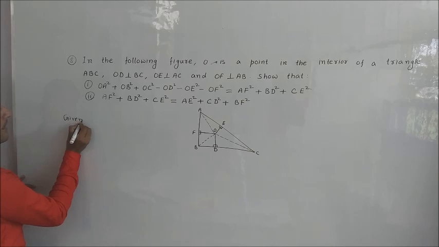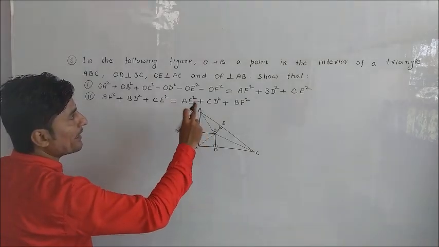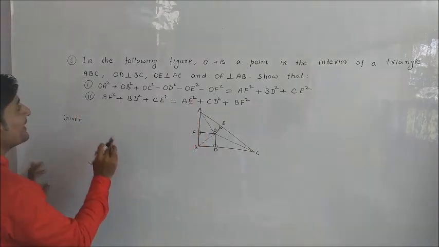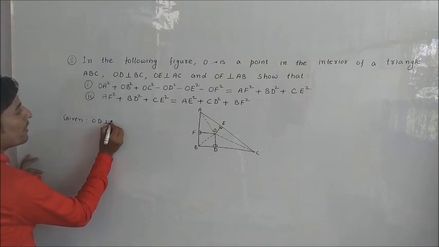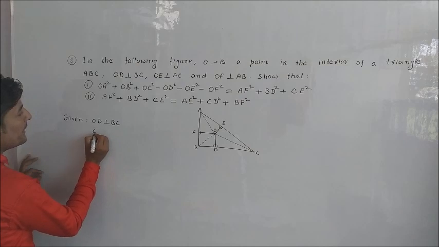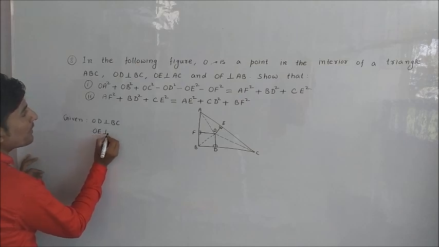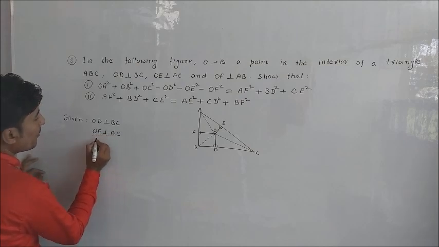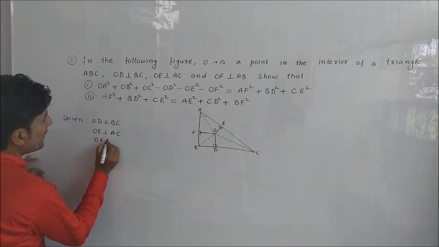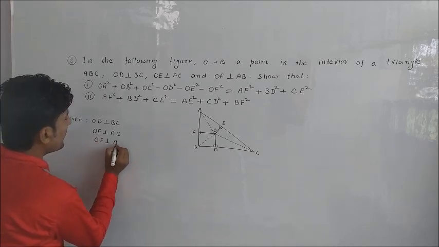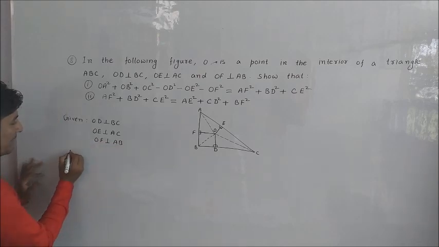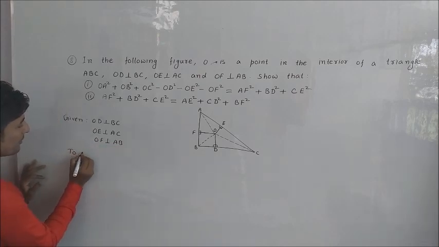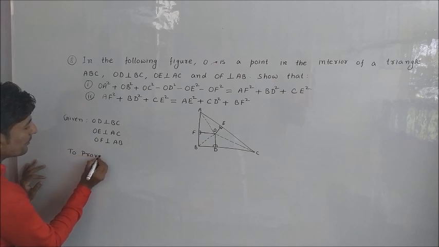In the given we can write down ABC is the triangle, O is the interior point of the triangle in which OD is perpendicular on BC, OE is perpendicular on AC and OF is perpendicular on AB. After given, we have to write to prove.